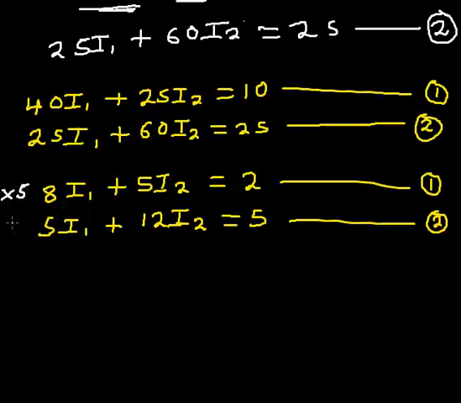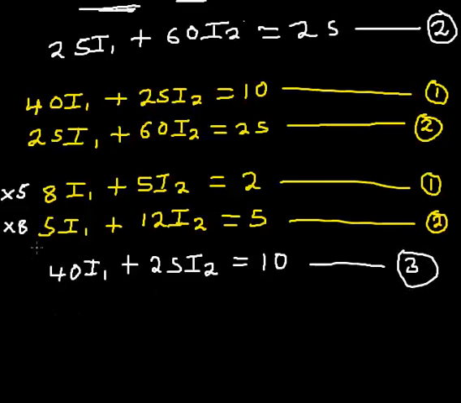Then I multiply equation 2 by 8 to still give me 40i1. So 8 multiplied by 5, I'm going to have 40i1. 5 multiplied by 5, 25i2. Then 5 multiplied by 2, that's going to be 10. So I can call this now equation 3.